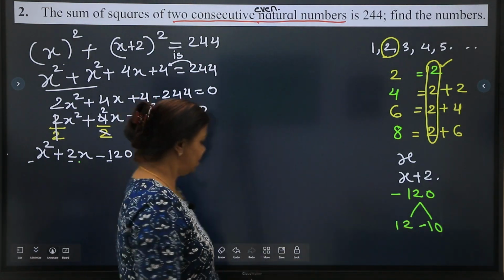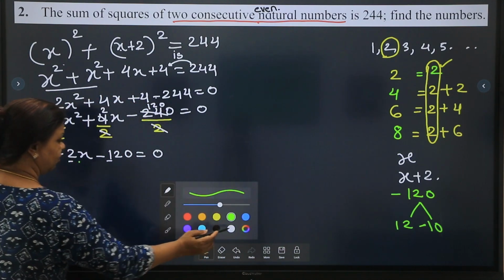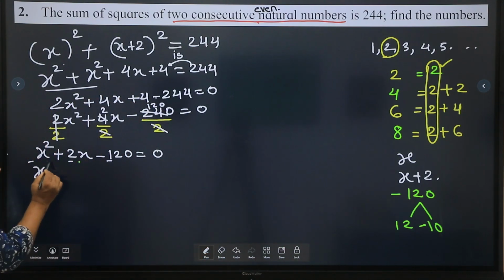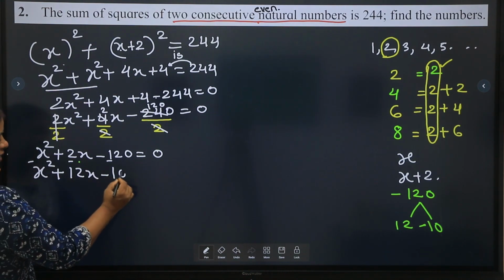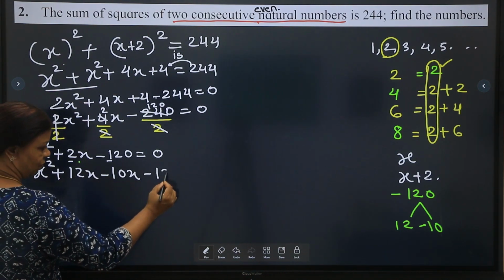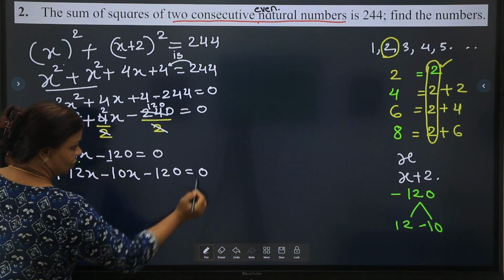So let me take this: x square plus 12x minus 10x minus 120 is equal to 0.